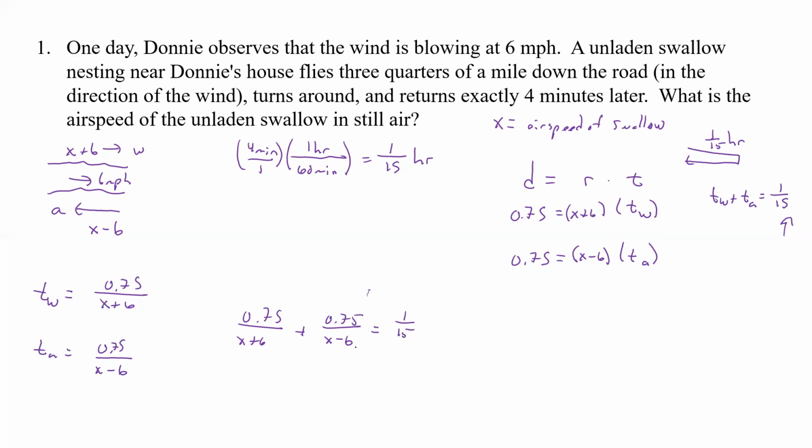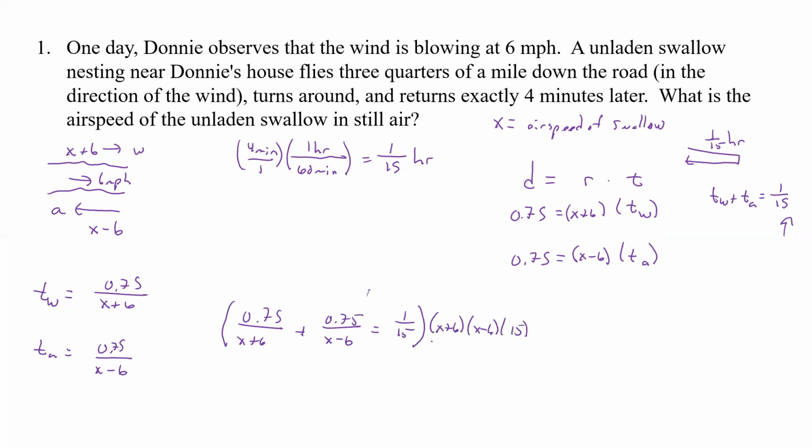I have to get a common denominator, or I have to multiply by all those denominators to get rid of them, so clear the fractions. So I'm going to multiply by x plus 6, x minus 6, and 15. I'm going to take this whole thing times each of those terms within that equality.